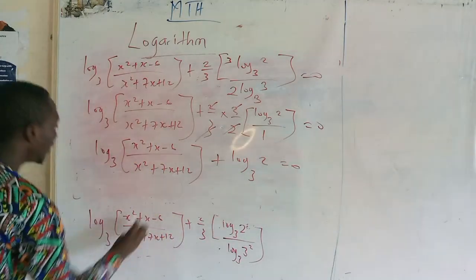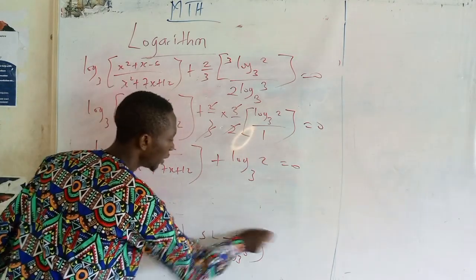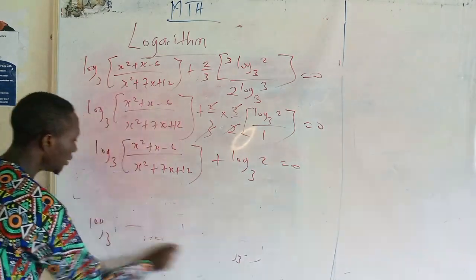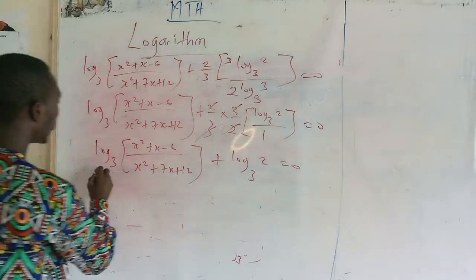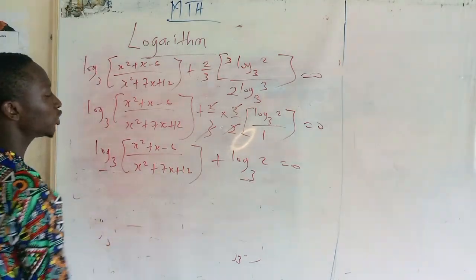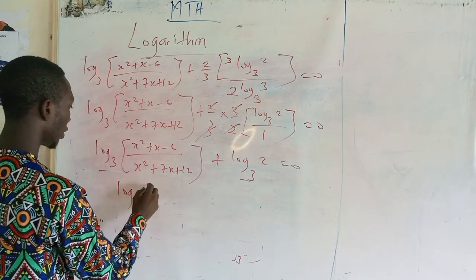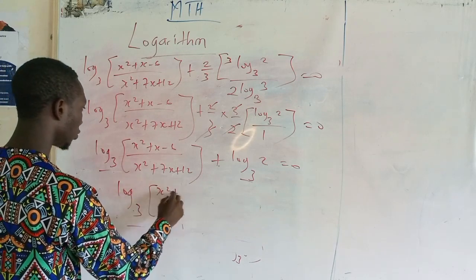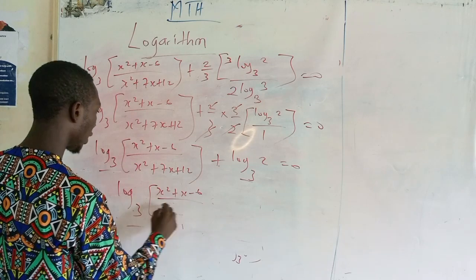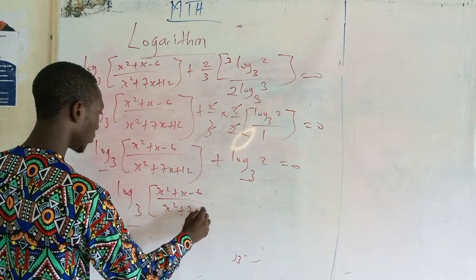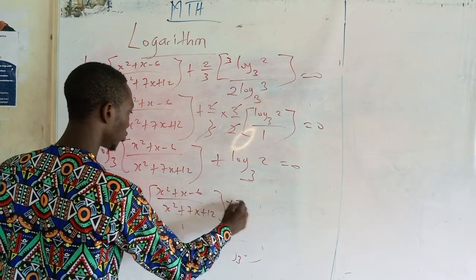Now, also under the law of logarithm, we have the same base. So we pick one, and addition is multiplication under logarithm. So it becomes log 3, then we multiply x squared plus x minus 6 over x squared plus 7x plus 12, times 2.